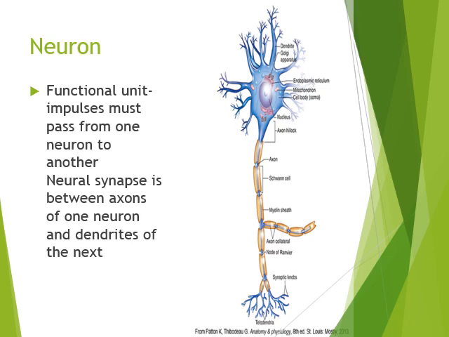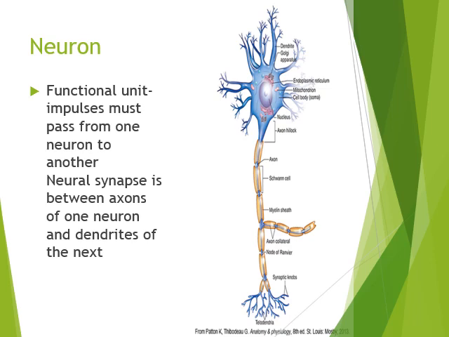Now, if there's an injury in any of this neuron, you can have illness or difficulty in functioning. So again, let's look at this functional unit, the neuron. You've got the dendrites. That's a spider-looking thing with the egg yolk in the middle. That's why I had to describe it. And then you can see the axons, and they're covered with a myelin sheath.